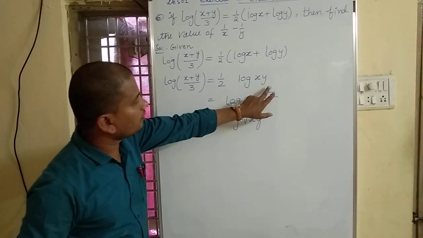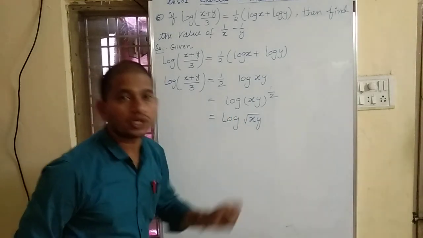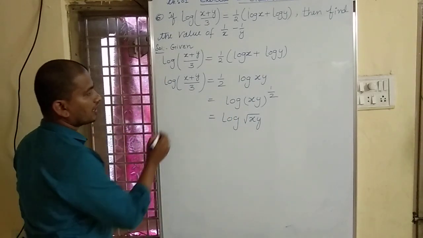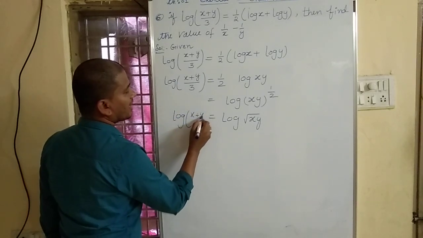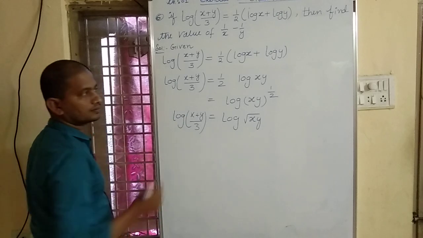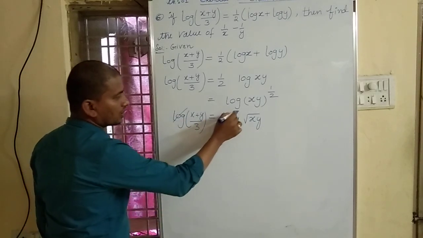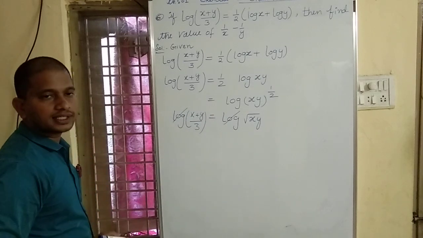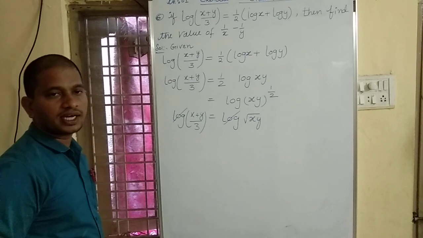The left hand side stays as it is, log of (x plus y) by 3. Now I can cancel the log on both the left hand side and the right hand side.